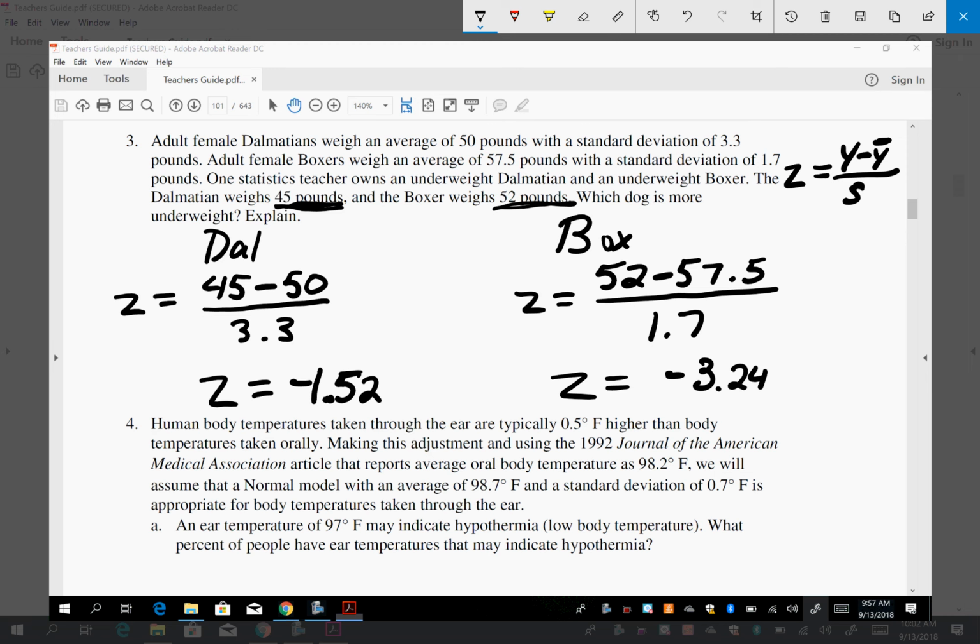But I am expecting you to say the boxer is more underweight because the boxer has a lower z-score than the female Dalmatian. I'll say it again: the female boxer has a lower z-score than the female Dalmatian, so that's why the boxer is more underweight.